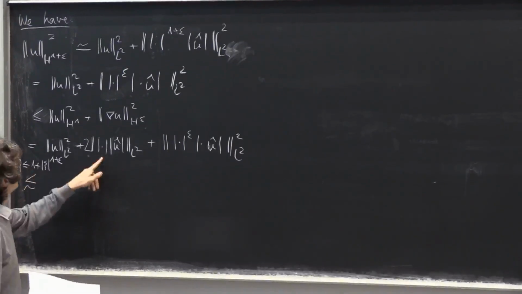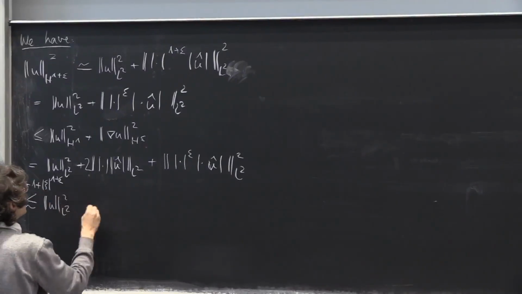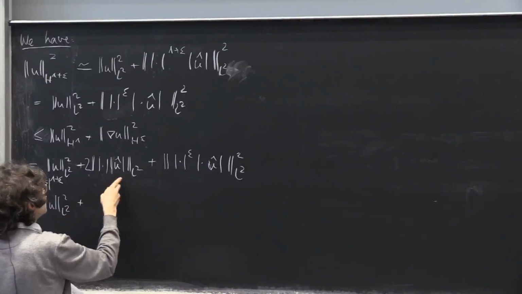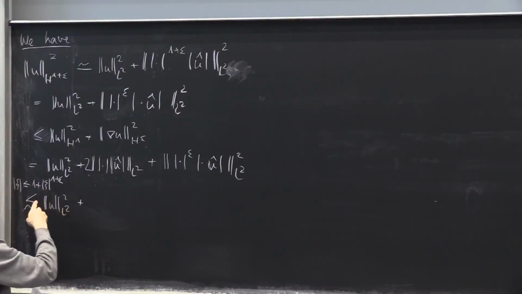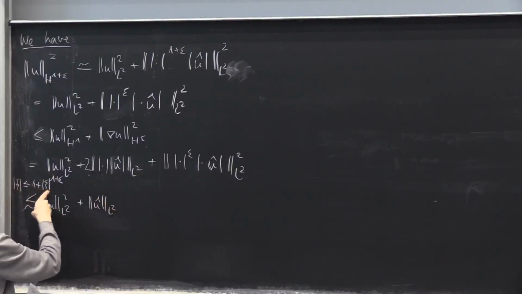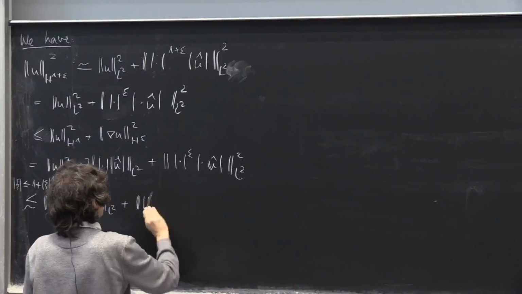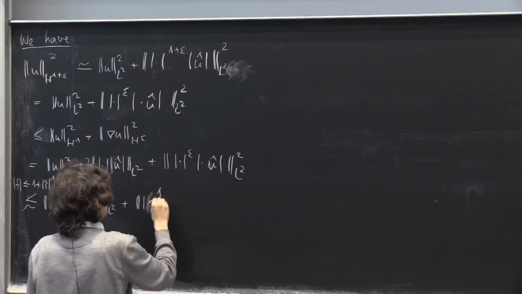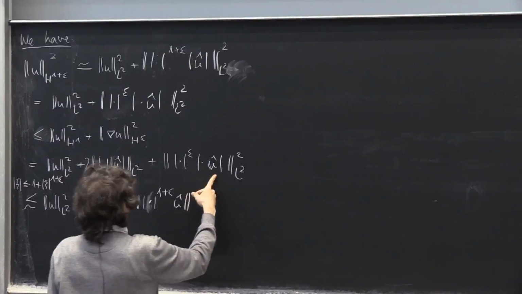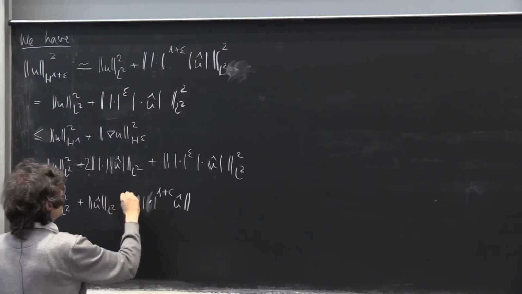And if you put this in here, what you get is the L2 norm of u squared plus, so this gives two norms. This gives the L2 norm of u hat from the 1 plus the L2 norm of modulus of psi to the 1 plus epsilon u hat. But this is the same as this one. So we have a 2 here.